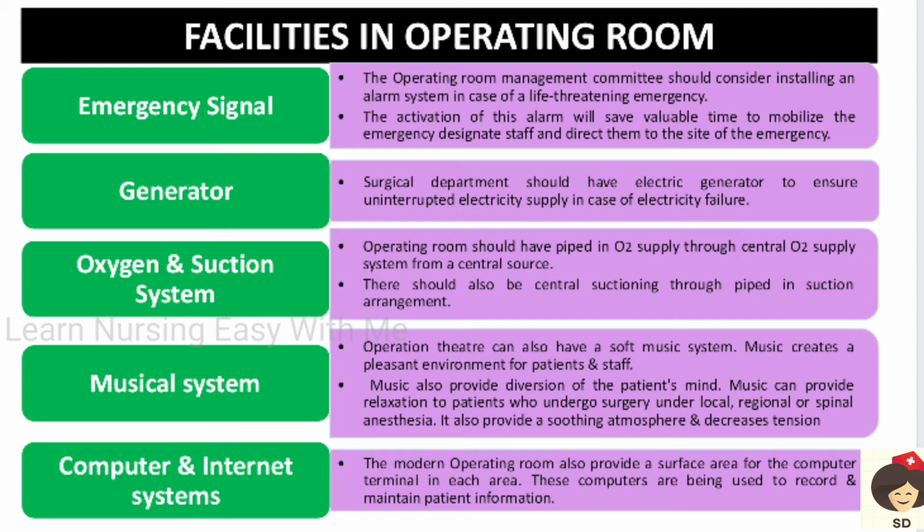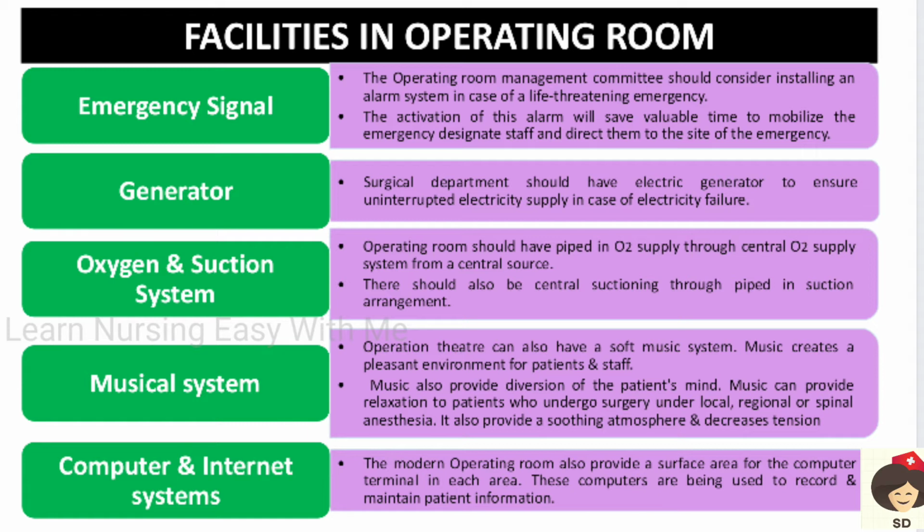And coming to other facilities, there should be an emergency signal. So whenever there is an emergency, we have to call the other persons for help in any life threatening conditions. And a generator, in case of any electricity failure, we can use generators. So an automatic generating system should be there. And oxygen and suction systems should all be wall mounted, so that it is easy to provide oxygen from the central supply system.